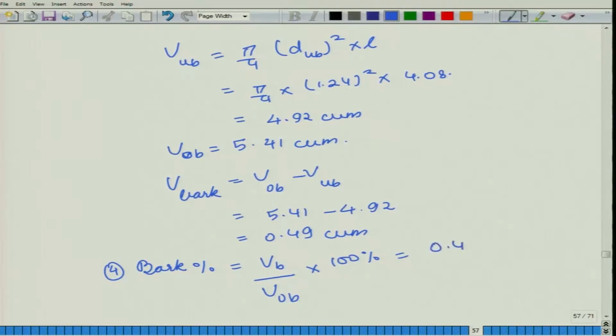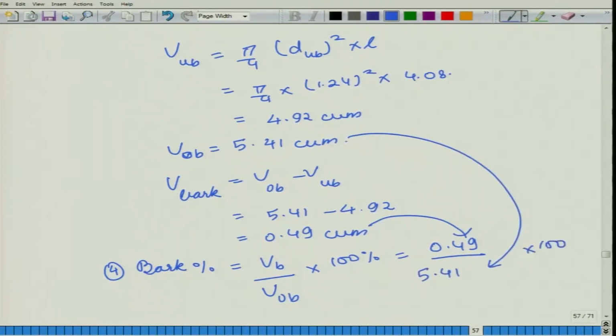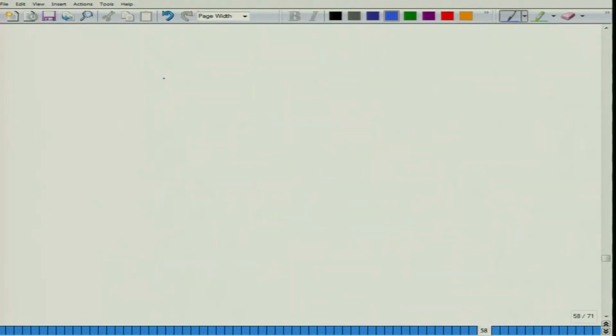So, it comes to 0.49 from here divided by the volume over bark, that is 5.41, into 100. So, it comes to 9.06%. So, what we can say from this value is that nearly 10% of the volume of your tree is comprised of the bark.